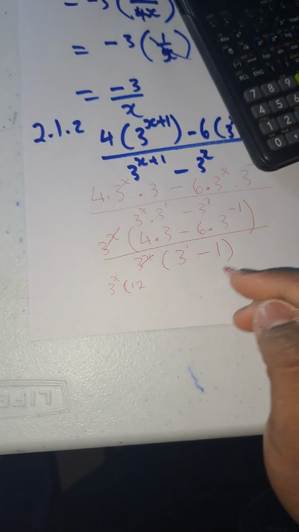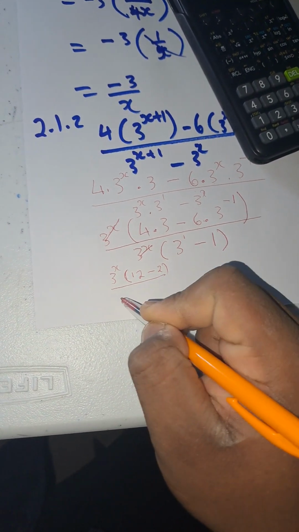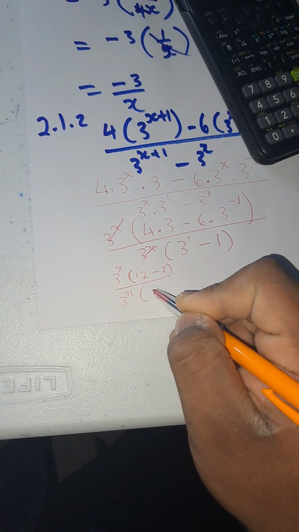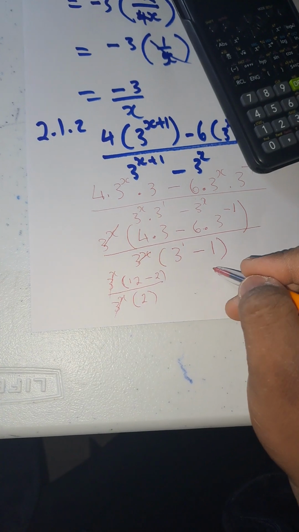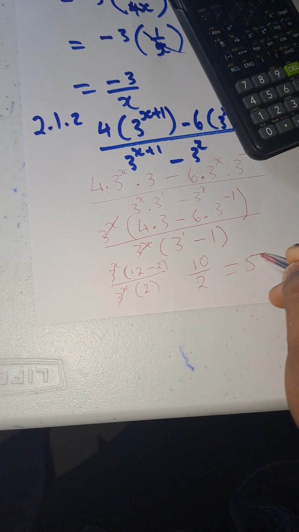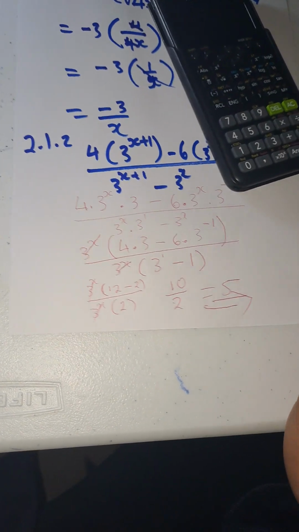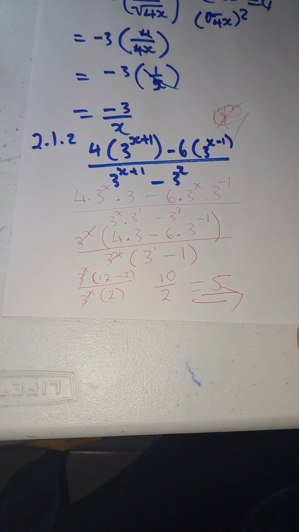It is 2. So 12 minus 2 over 3 minus 1, 2. So this one will cancel with that one. I'm left with 10 over 2, which equals 5. See? Just be careful with the exponents and the laws of exponents.